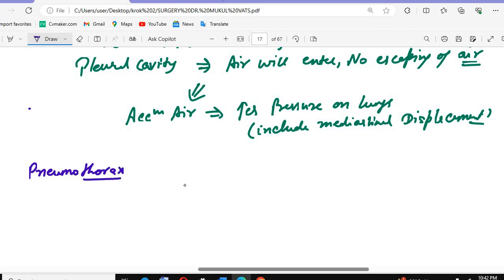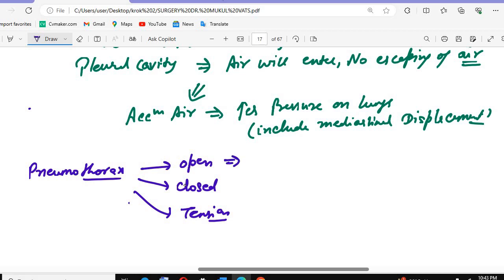The pneumothorax can be open, closed, or tension pneumothorax. So there are three types of pneumothorax. In open pneumothorax, the pleural cavity pressure will be equal to the atmospheric pressure.